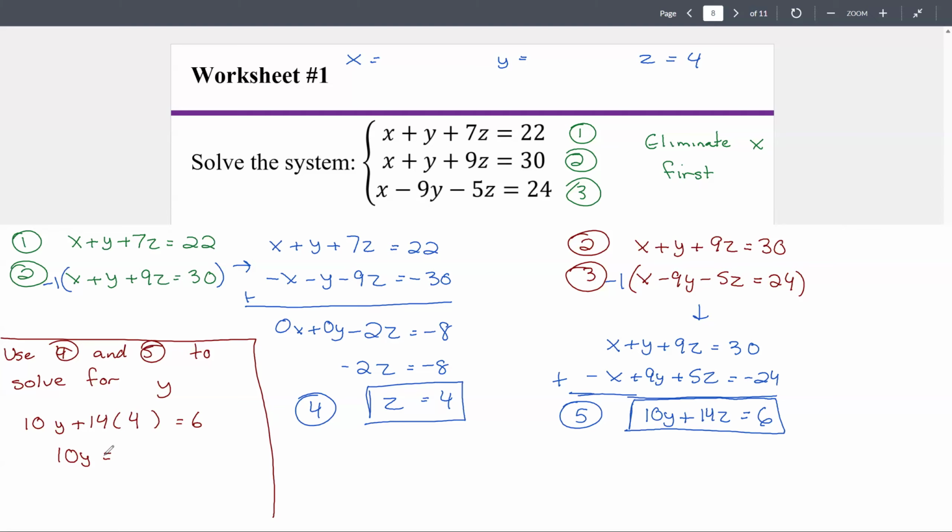So 14 times 4 is 56, which equals 6. So if I subtract 56, that's 10y equals -50. So y is equal to -5.